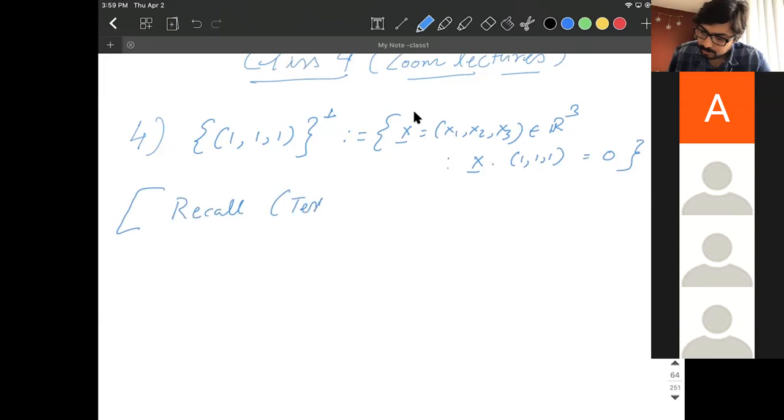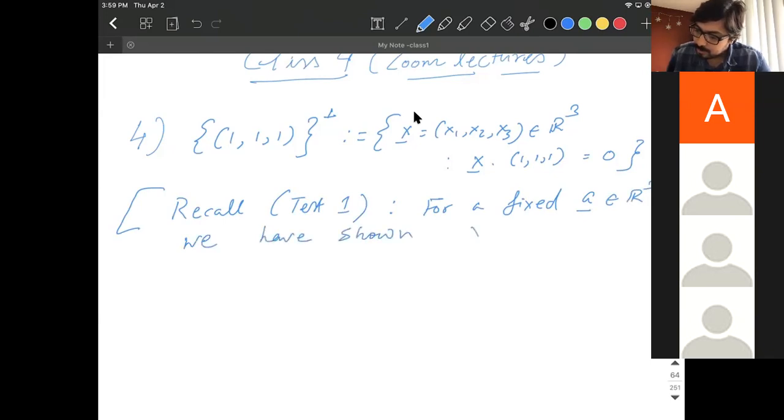So this was test 1, that for a fixed A, we have shown that this set was a subspace.